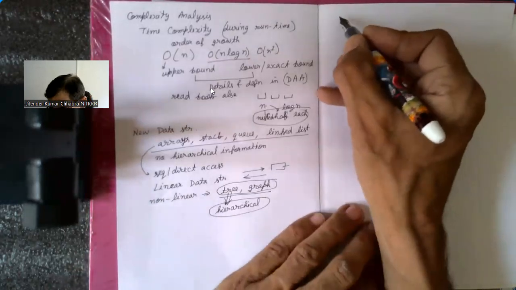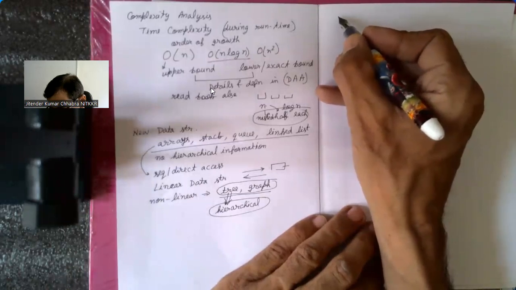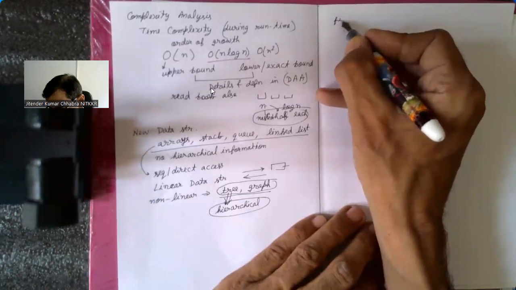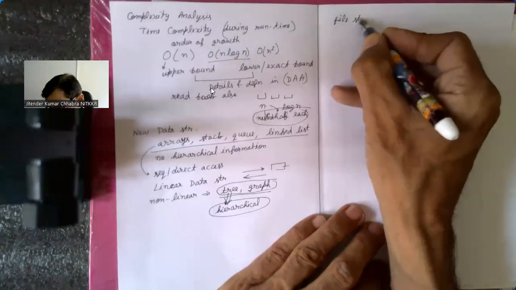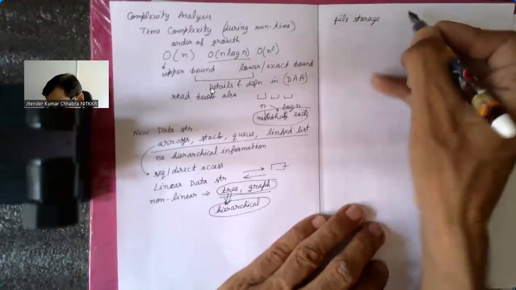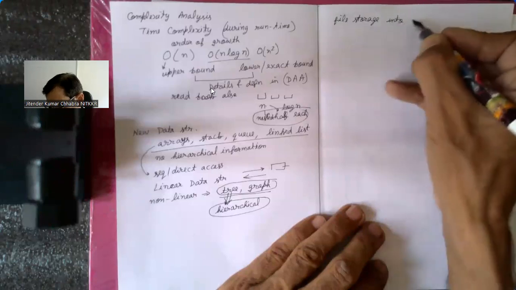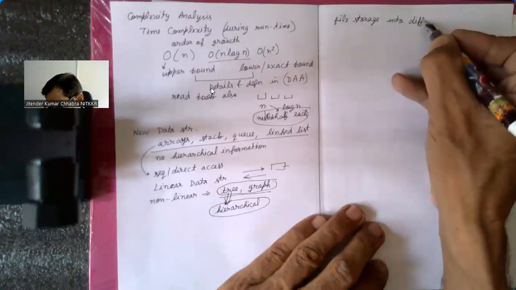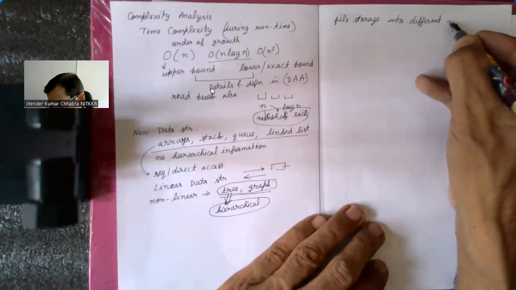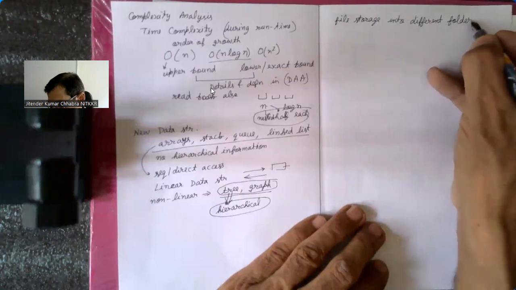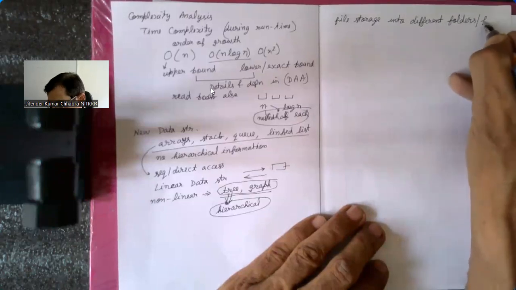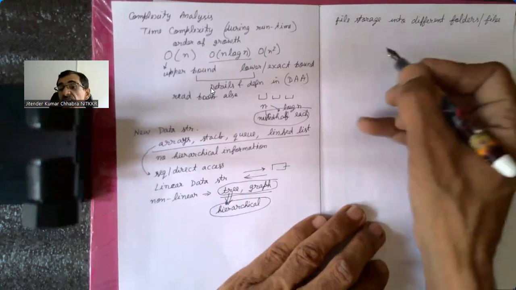For example, all of you have a laptop or a desktop. On that, you have your file storage. How do you store your files? Into different folders or different files. Now, in a folder, you can have multiple files or subfolders.